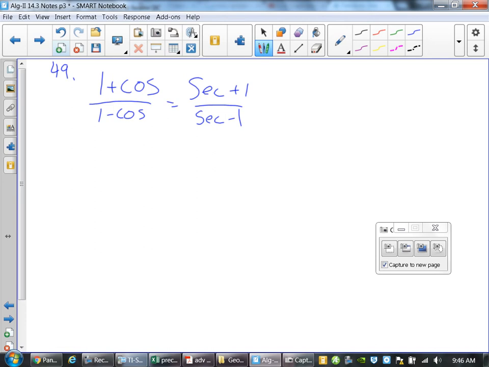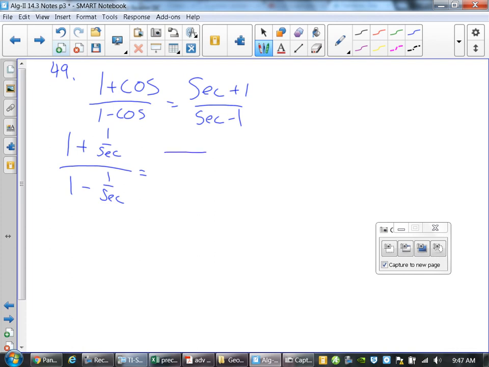Make the left look like the right. There's two ways of doing this one. One way, you guys are going to kick yourself. The other way is the way you probably would think about doing it. Make the left look like the right. What I would do is, since I have to go to secants, cosine is the reciprocal property of secant. You guys agree? Yep. So I'm going to write it as a complex fraction. 1 plus 1 over secant over 1 minus 1 over secant, which is going to force me to get common denominators on the top and on the bottom.